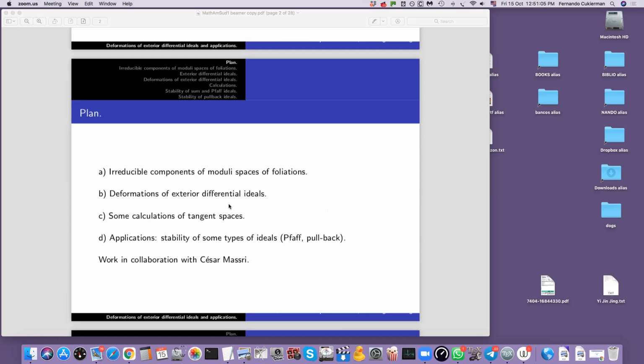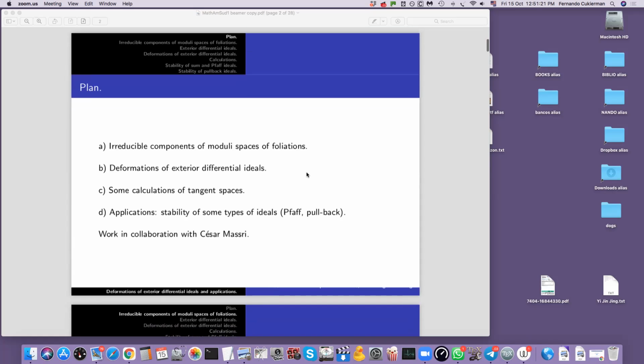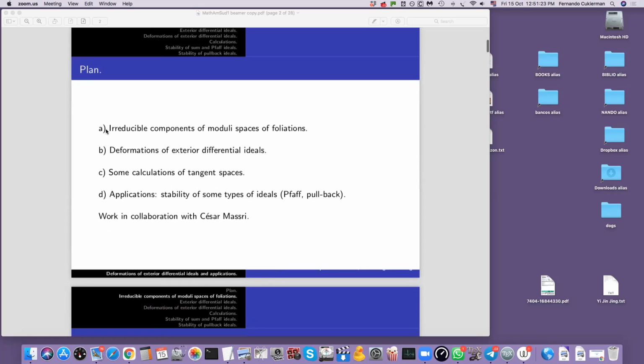The motivation is the study of the problem of the irreducible components of the moduli spaces of foliations. I will say a few words, but this is an active area of research. It's not known what are all the irreducible components of the moduli spaces of foliations. So this is our motivating problem.